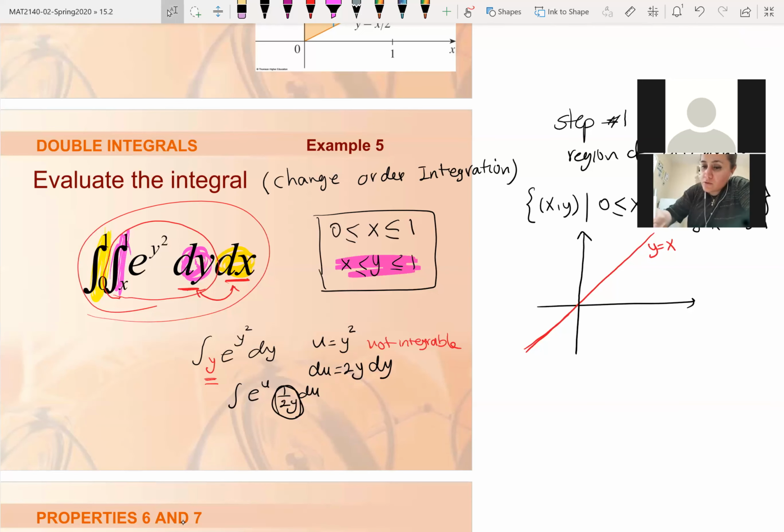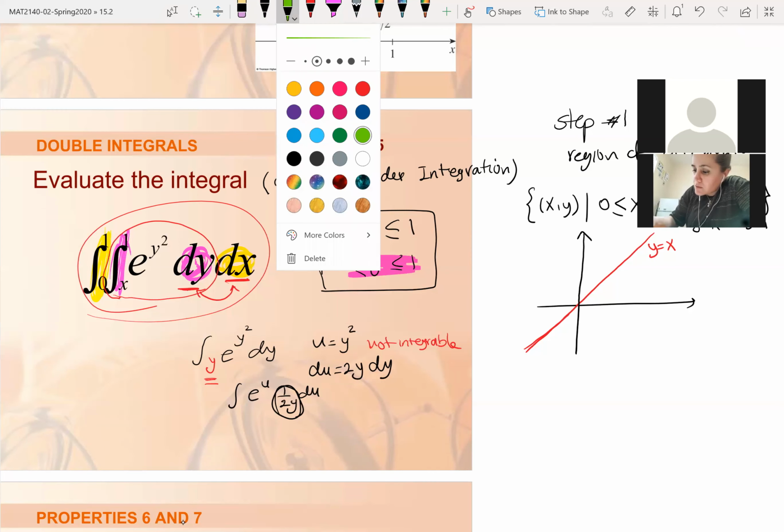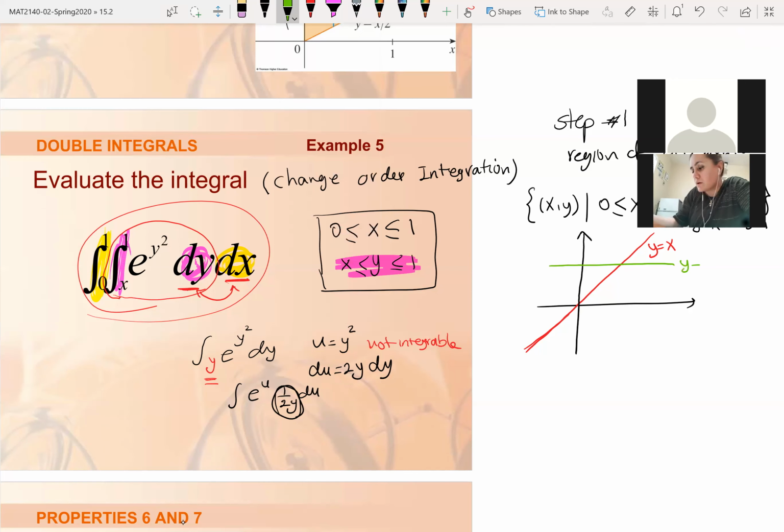Let me change the color to be somehow different. So this is going to be y equals 1. So that's just the region of integration. It matches with x being between 0 and 1 too, so x between 0 and 1 is fine too.